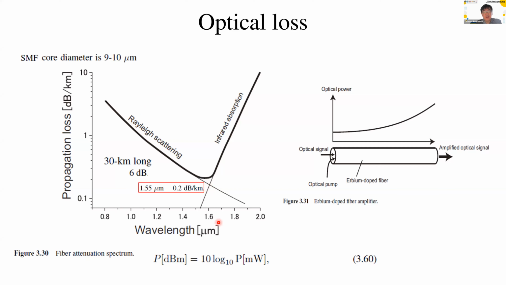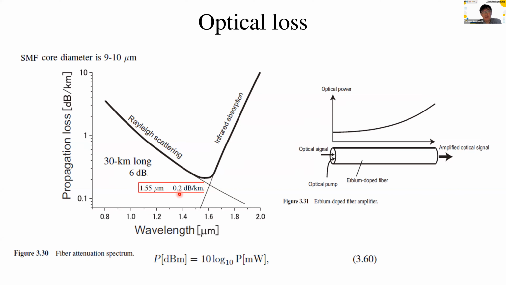The horizontal axis shows the wavelength of the light, and the vertical axis shows the propagation loss, dB per kilometer. It shows the minimum propagation loss around 1.55 micrometer. That's why we often use this wavelength for long-haul transmission. The loss will be 0.2 in a standard single mode fiber.